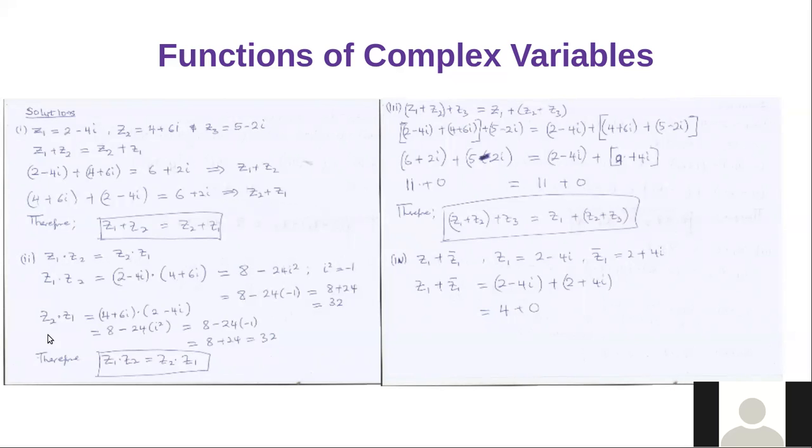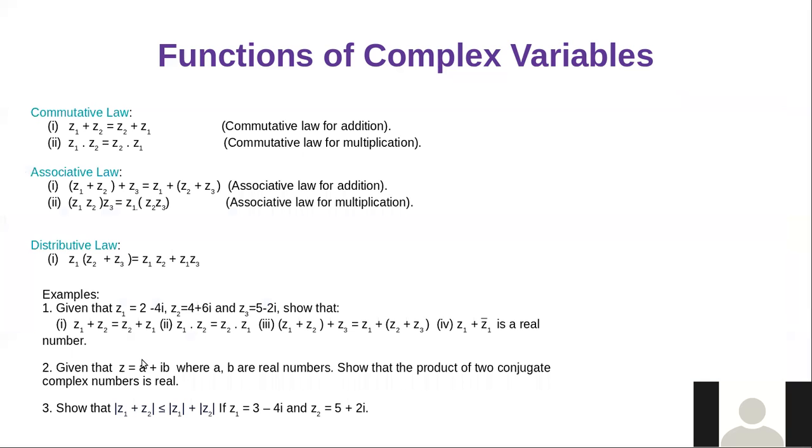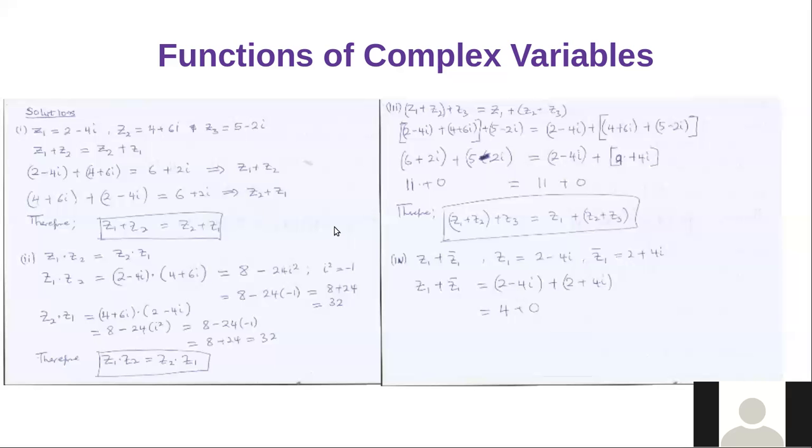We do the same thing for z2 times z1, we also have 32, which shows that z1 times z2 is equal to z2 times z1. This is the multiplication law of commutative.